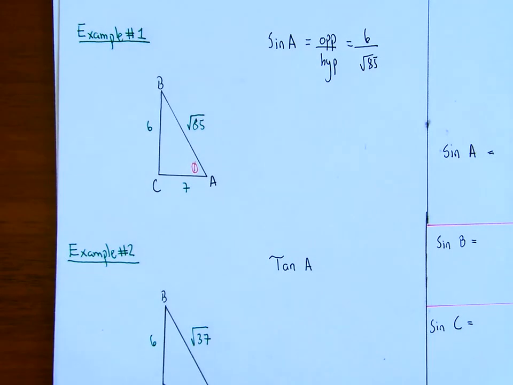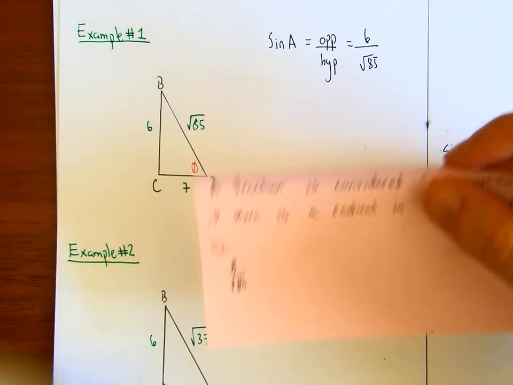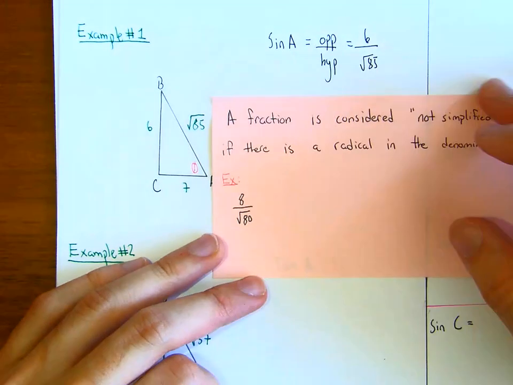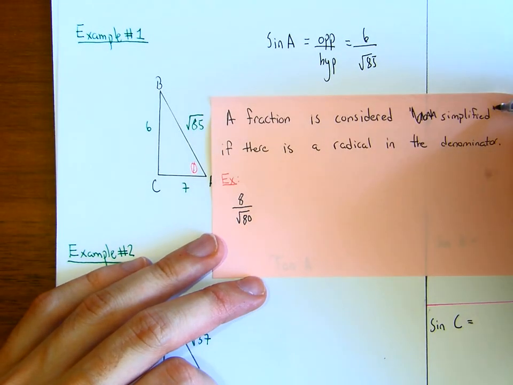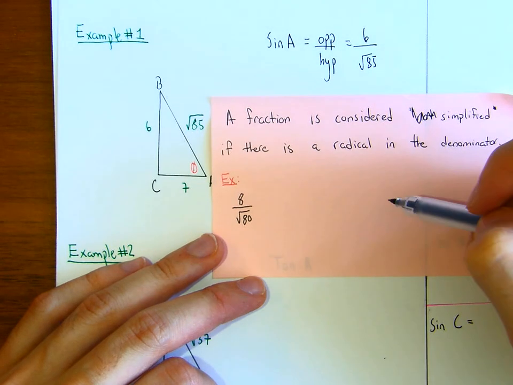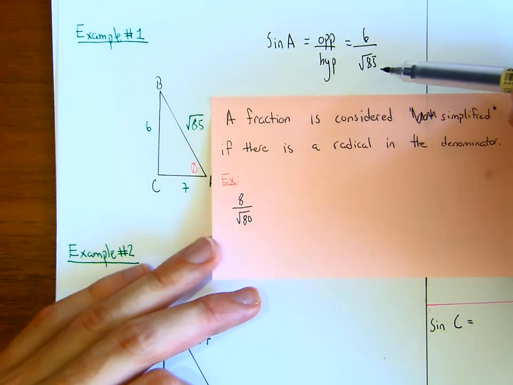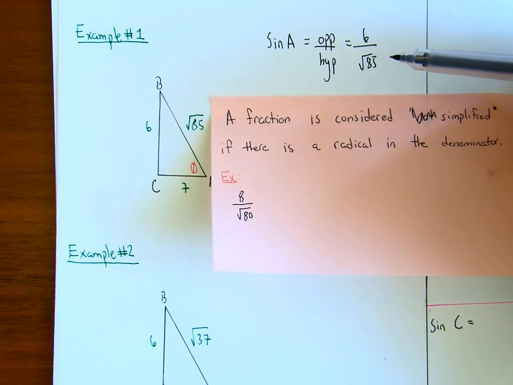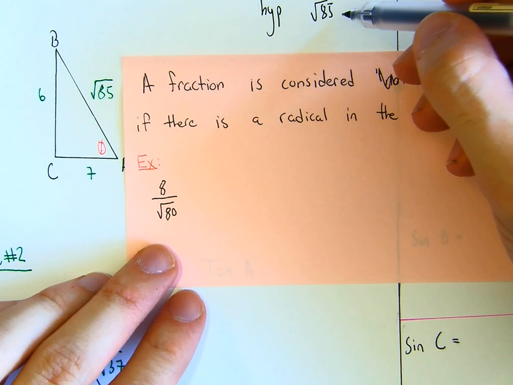Now this is where in math we become a little bit OCD. A fraction is not considered simplified if there is a radical in the denominator. So notice here, what is the sine of A? It's 6 over square root of 85, which is correct. But you're not allowed to have a radical in the denominator.